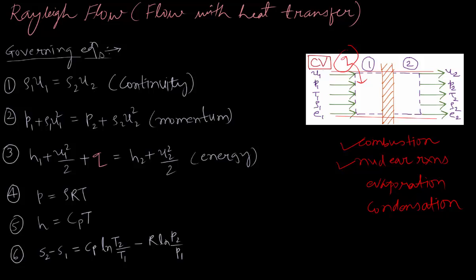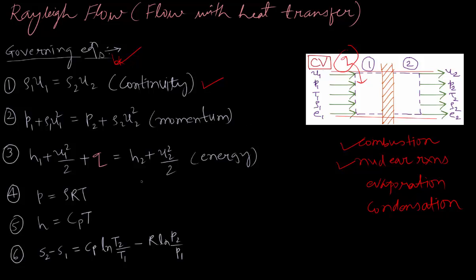And these are the governing equations which will govern Rayleigh flow. The first one, as you all know, is continuity equation. Rho 1 u1 is equal to rho 2 u2. The second equation is momentum equation. P1 plus rho 1 u1 square equals P2 plus rho 2 u2 square. Look at the third equation.